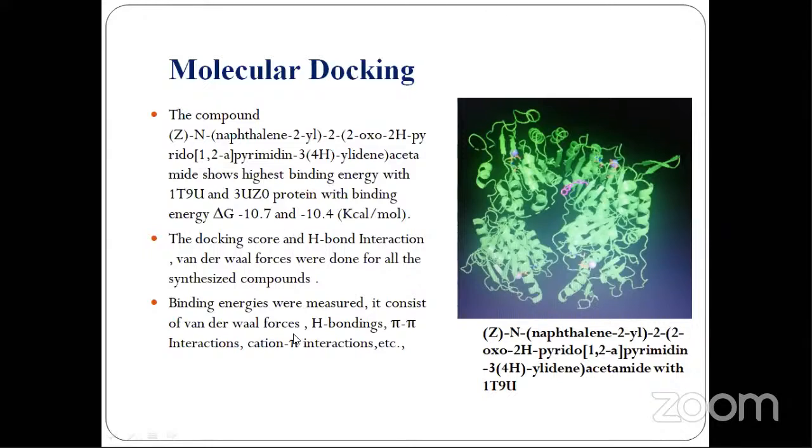And we also calculated the van der Waals forces, hydrogen bond interactions, and the pi interactions. This is one of the images, a molecular docking image of our synthesized compound with the protein 1T9U.